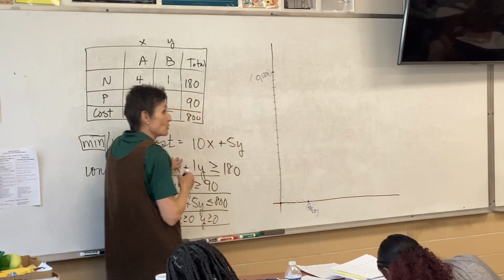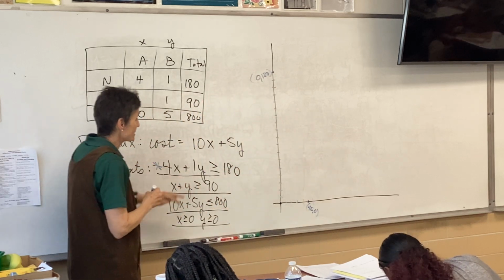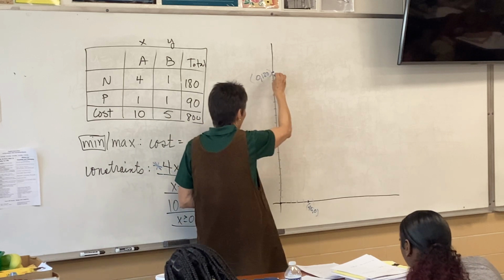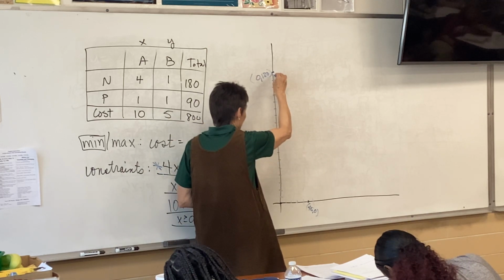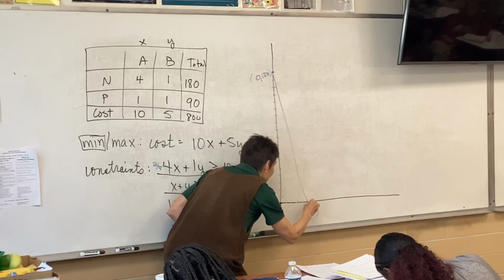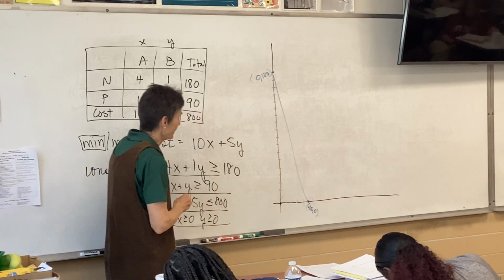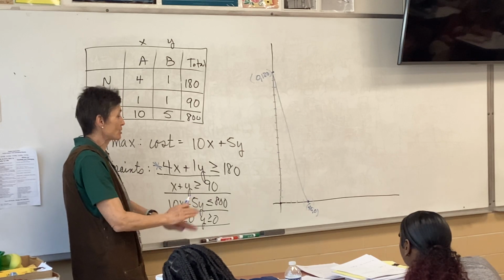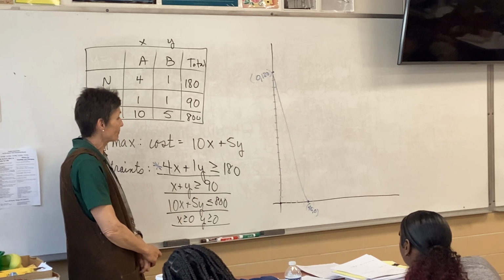I'm using the intercept method because if I can find the y-intercept and the x-intercept, all I have to do is connect them with a nice, supposedly straight line. You can use a straight edge, so yours is probably straighter than mine.